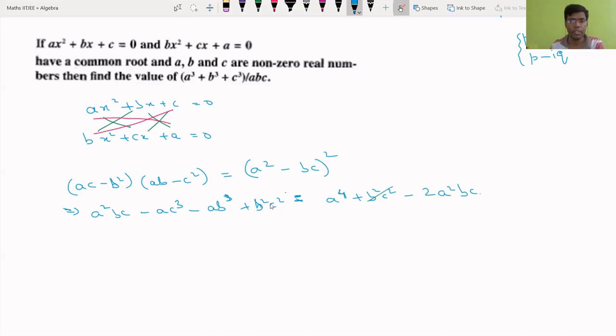So this b square c square will go with this, and here I have a square b, here I also have a square b. So let me bring this here, and remaining terms I can take on the other side.